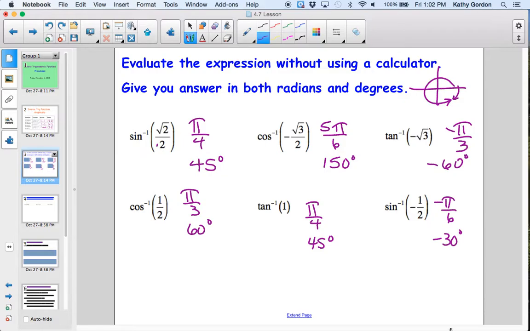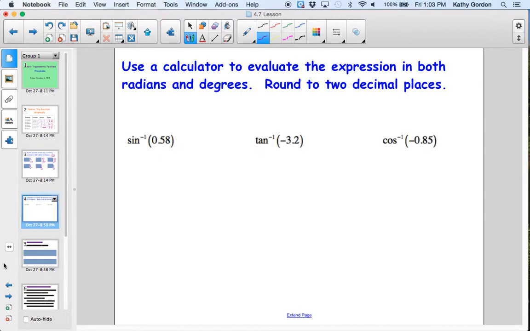Okay, good. Now, obviously these you should be able to do without a calculator because they are values off of the unit circle. So you should be able to figure out the corresponding angle by thinking. But not everything's going to be that clear cut. So I don't need you to do this right now because I want to use the time on something else.